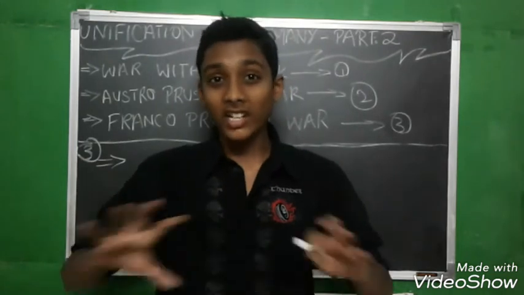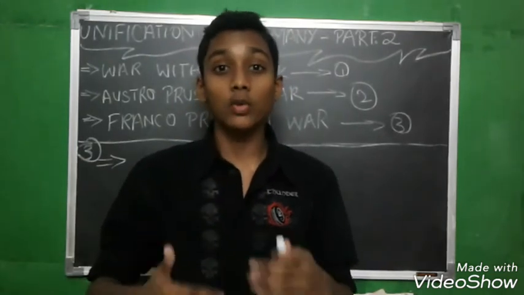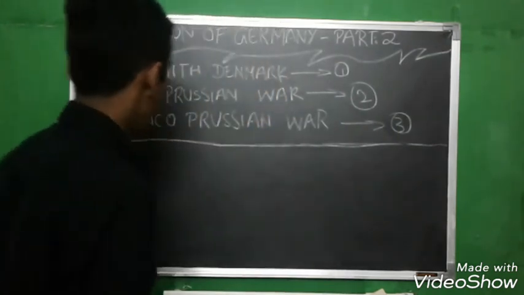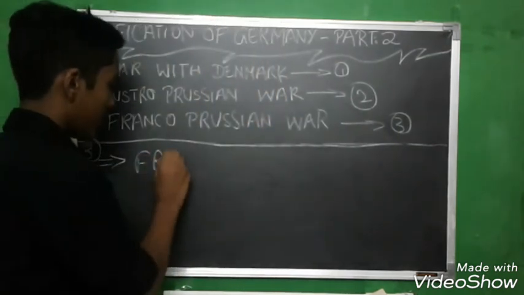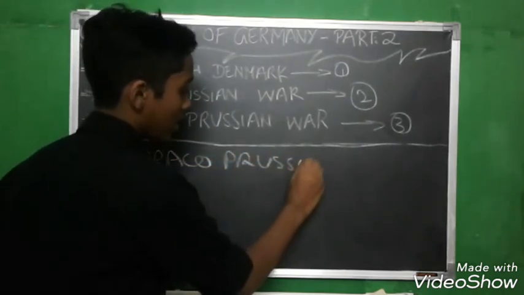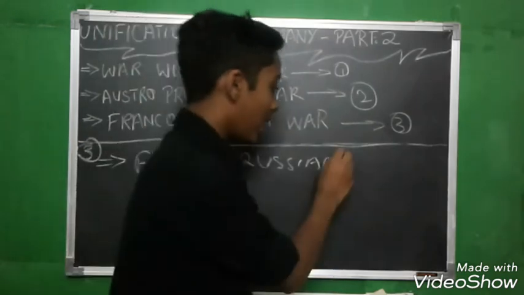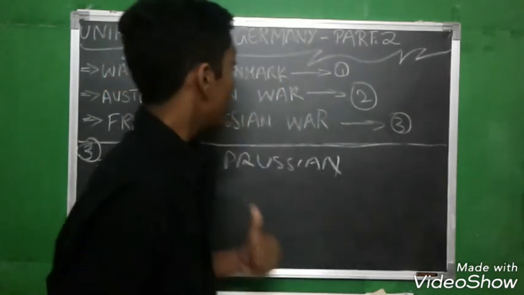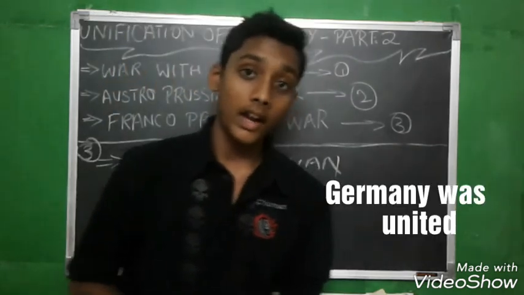Manipulated means he changed the text completely so that it would grow hatred between the people of France and Prussia. Because of this, the Franco-Prussian War happened. And as you know, France really lost. Because of this loss, Germany was united, and it was the end.